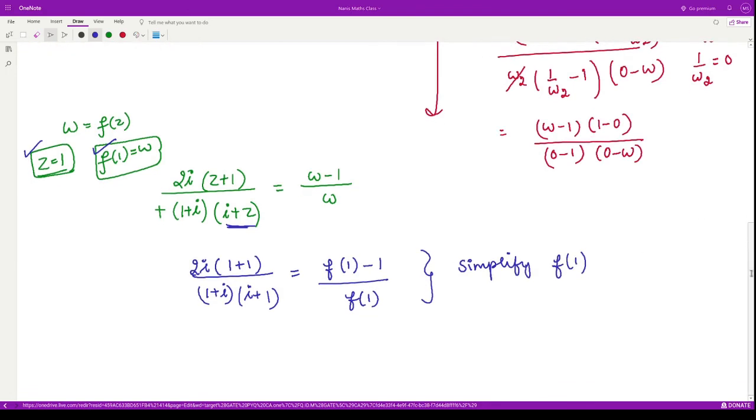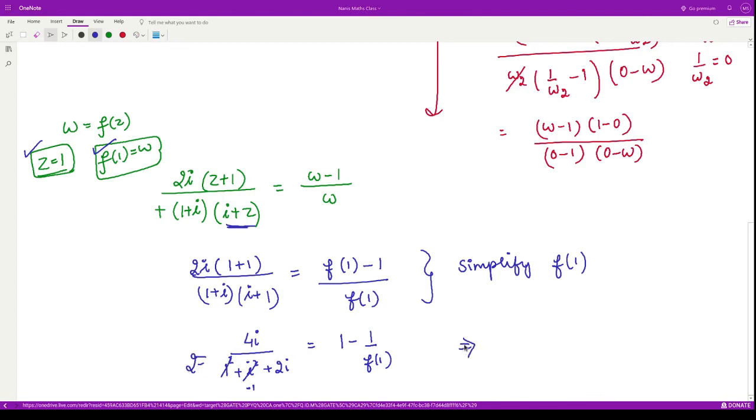We can do that very easily, right? The right hand side becomes 1 minus 1 upon f of 1, and the left hand side becomes 4 iota, and here the square of this thing, so we have 1 square plus iota square plus 2 iota. Iota square is basically minus 1, so this term cancels with this one. So on the left hand side you are left with only 2, right?